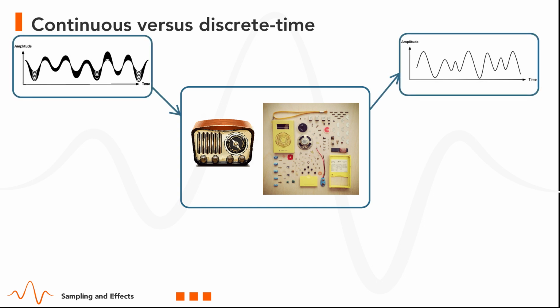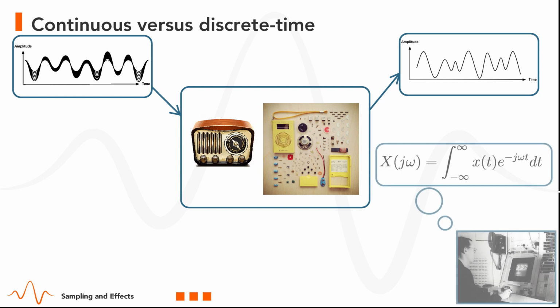That is because it directly processes continuous time waves and outputs sound waves as a continuous time signal. To design these systems, the Fourier transform plays a tremendously important role. Indeed, since everything is in continuous time, we can use the good old continuous time Fourier transform as it was the case at the start of the 20th century.